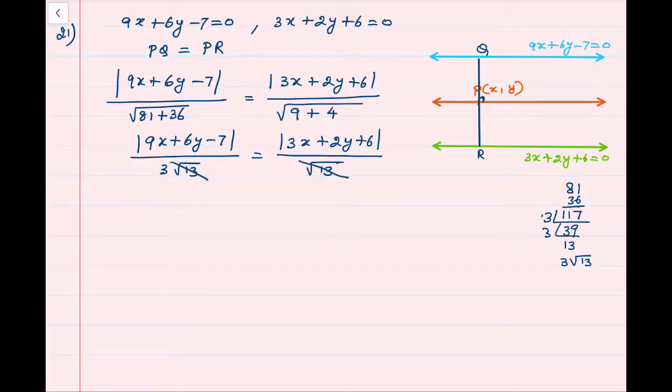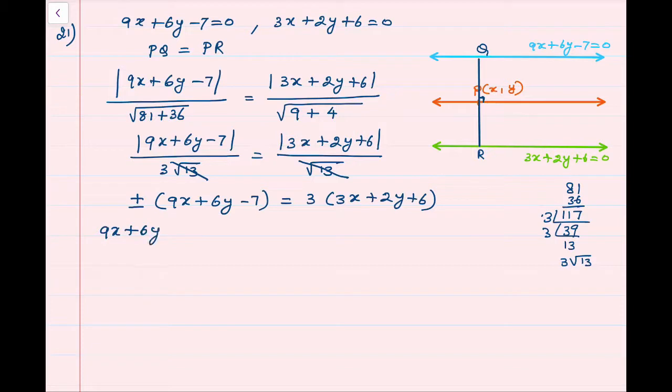We will remove the absolute value sign by writing plus or minus sign on any one side and take 3 to the other side. We have two equations to solve. We will solve first with a positive sign. 9x plus 6y plus 18. So we don't have any solution. Minus 7 is equal to 18, not possible. Now we will solve the second equation by taking the negative sign.